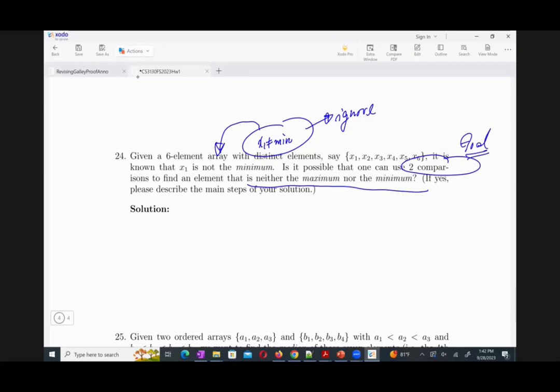Without the condition, we can get a 3 comparison solution. But now you need to make use of this condition. Try to fully use it in a smart way, so you can reduce the number of comparisons by 1.